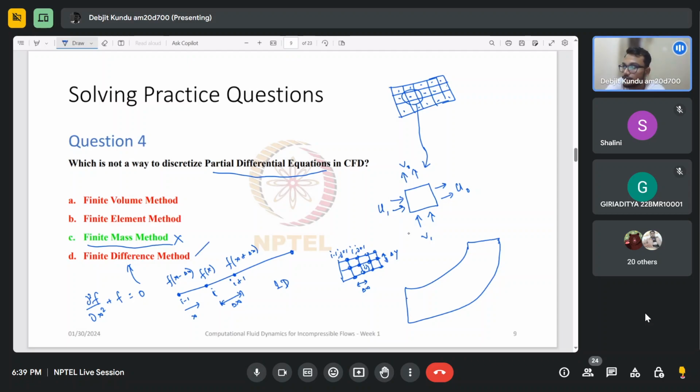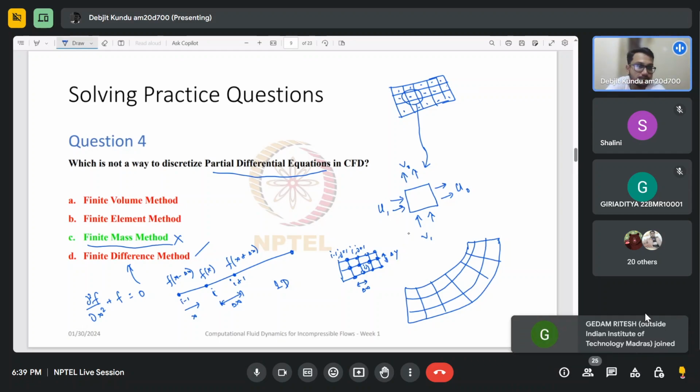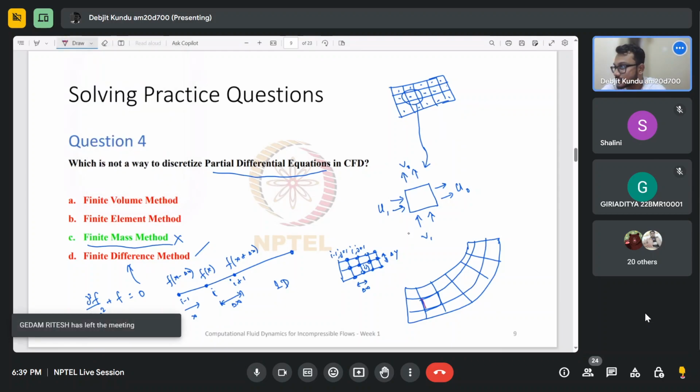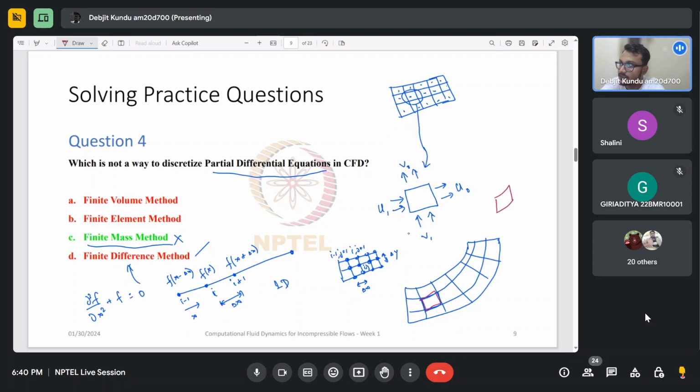But once you try to discretize an irregular geometry with finite difference method, things become complicated as hell. So then finite volume method works better. Let me zoom this out, and I'll use a different color of pen maybe. Let's say this is what I'm trying to model. It's a bent cylinder like this.